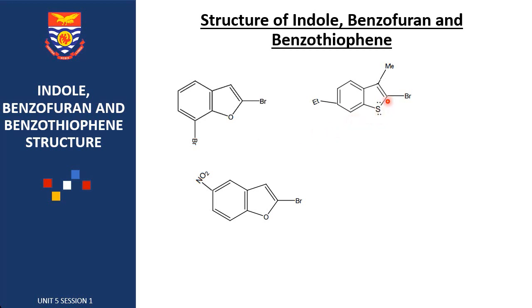So we have 1, 2, we have 3, 4, 5, 6. So this becomes 2-bromo-6-ethyl-3-methylbenzothiophene, right? And the last one can be named as 1, 2, 3, 4, 5. So 2-bromo-5-nitrobenzofuran, right? So these are the names for these 3 structures.